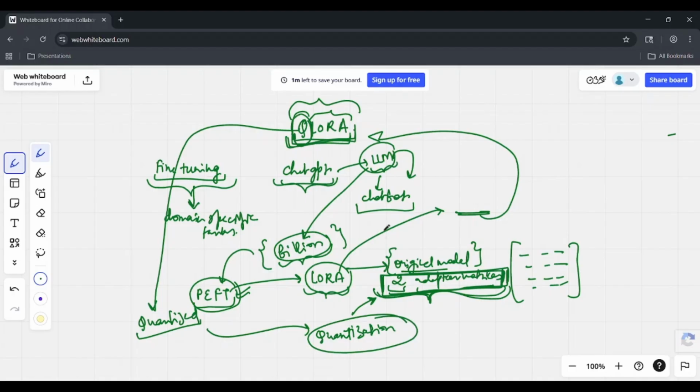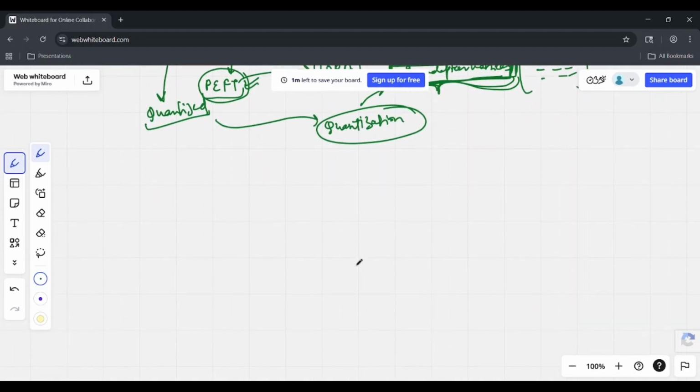Quantization, if I tell you in the most simple terms, is nothing but reducing the precision. Now you will ask me, what do you mean by that? So let's say I consider one weight of our large language model and it looks something like this. I'm just randomly putting numbers here.